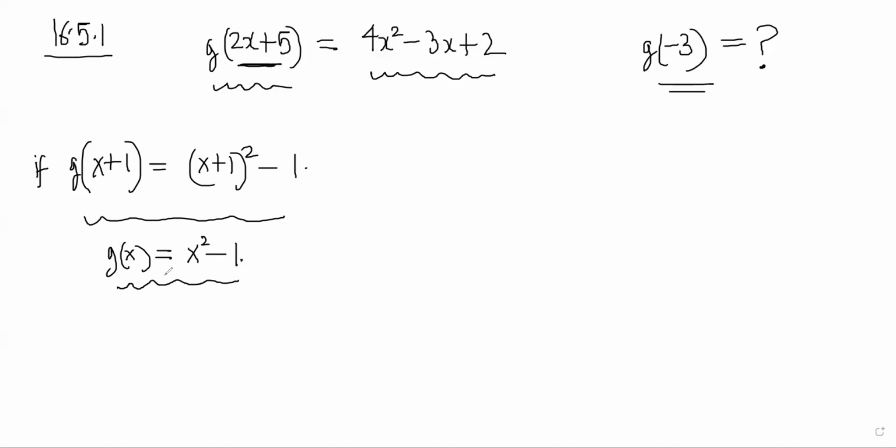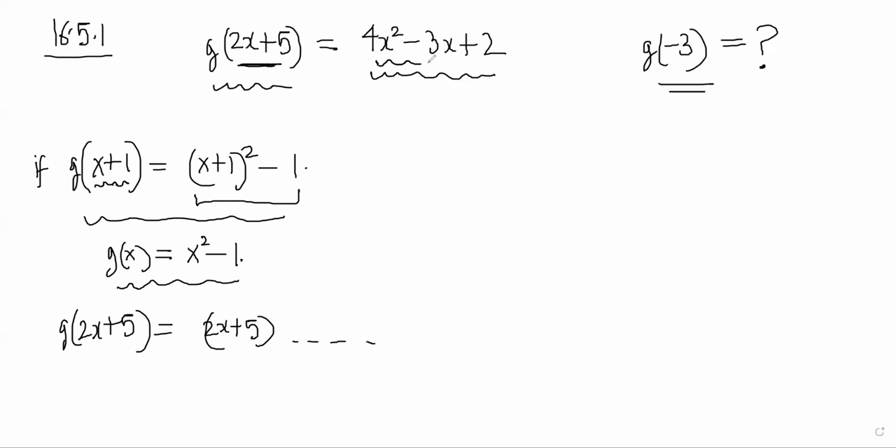The way you are able to say that is because when you put input x plus 1, you are getting something in terms of that input. So what we have to see here is, can I write g of 2x plus 5 as something in terms of 2x plus 5?